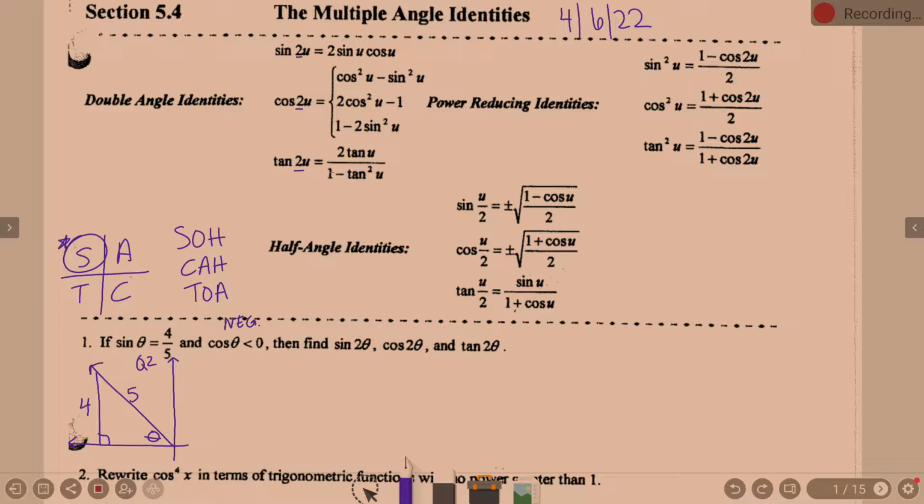Okay, Pythagorean theorem. So x squared plus 4 squared equals 5 squared. So x squared plus 16 equals 25. x squared equals 9, so x is 3.